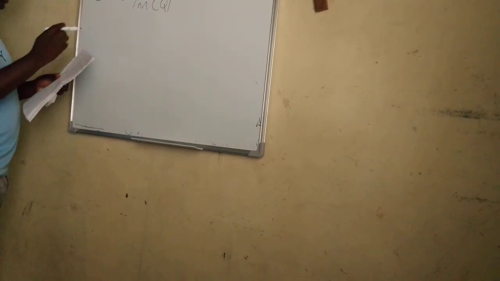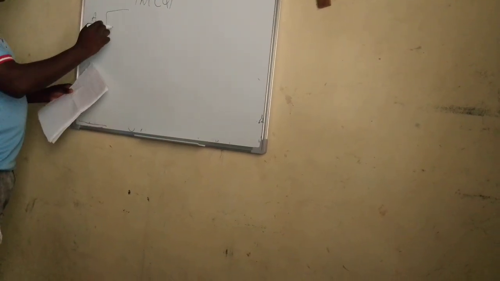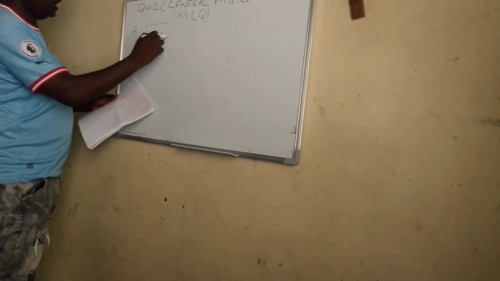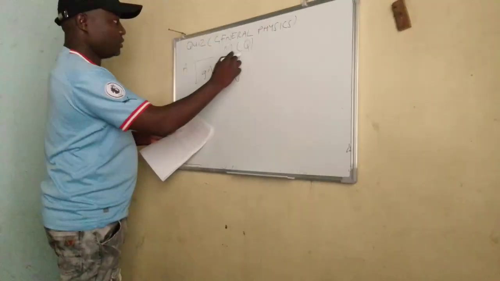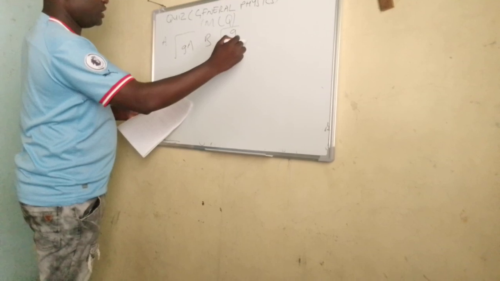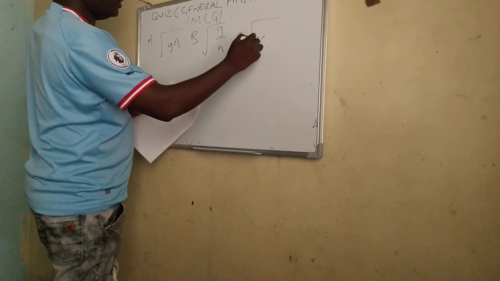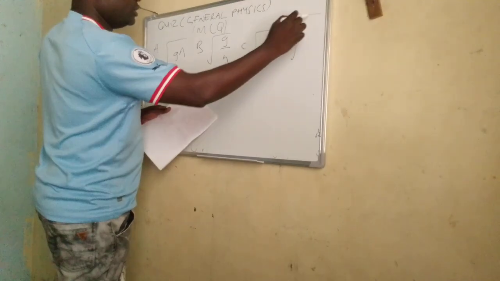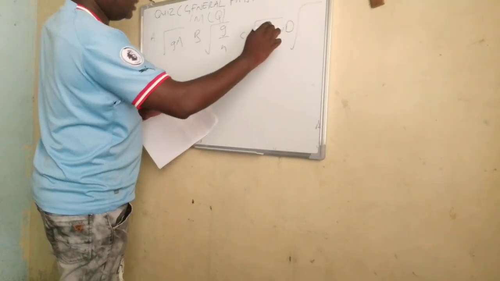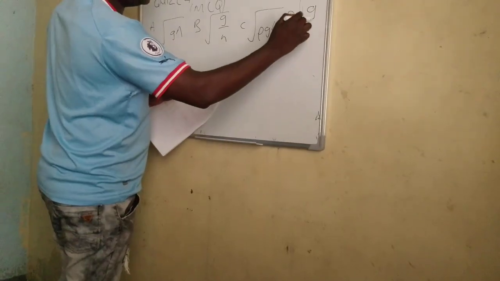So with A, g lambda. B, g over h. C, rho g h. Option D was g over rho.